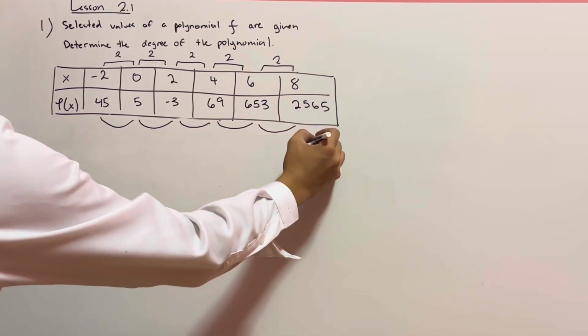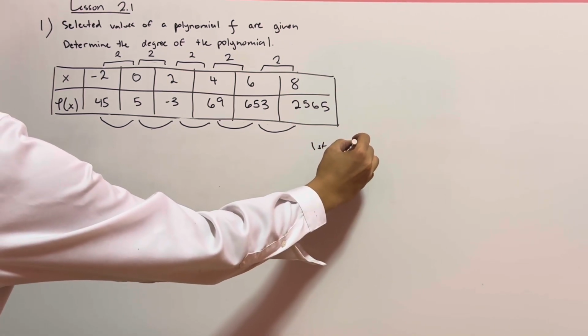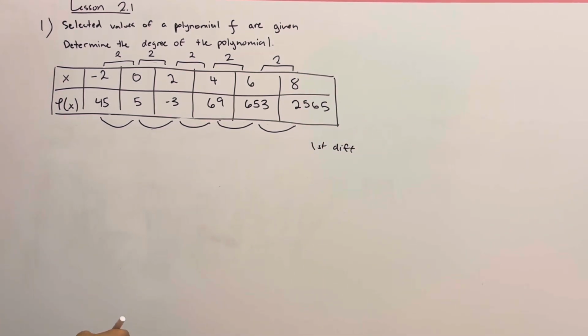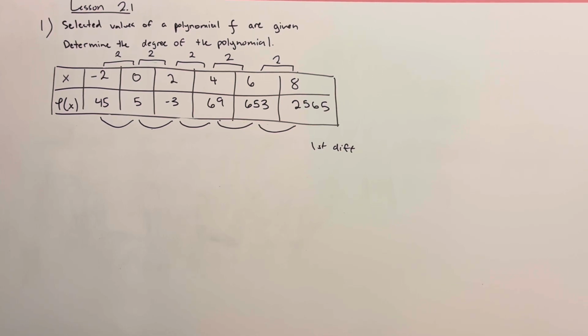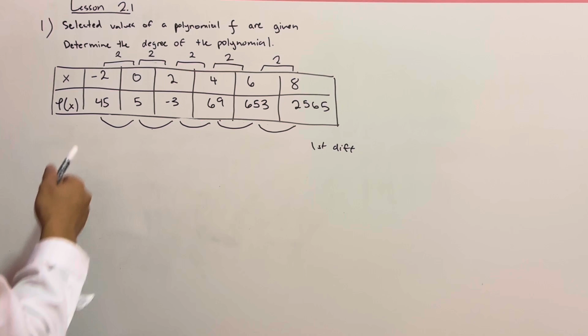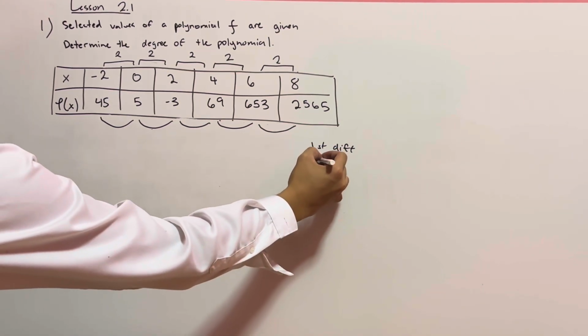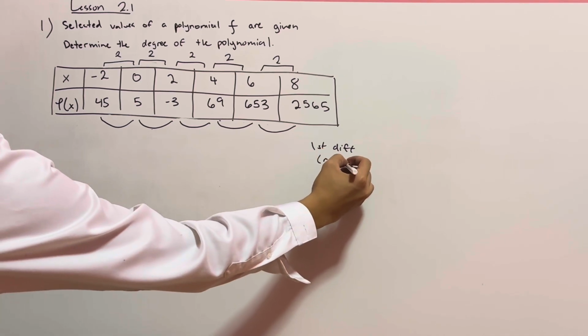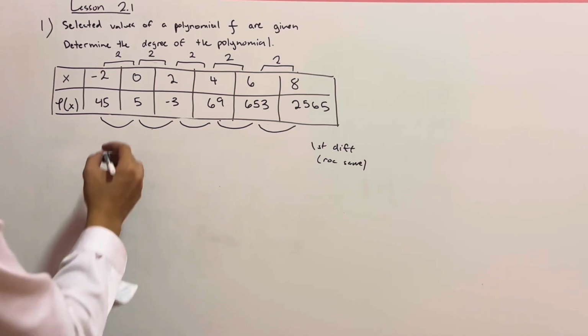Because if they increase by the same amount, that would give us our first difference being the same. If our first difference is the same for every equal increase in x, then we have the same slope for all of the points that are represented on this table. So if our first difference is the same, then our rates of change are the same for all given values. So let's check it.